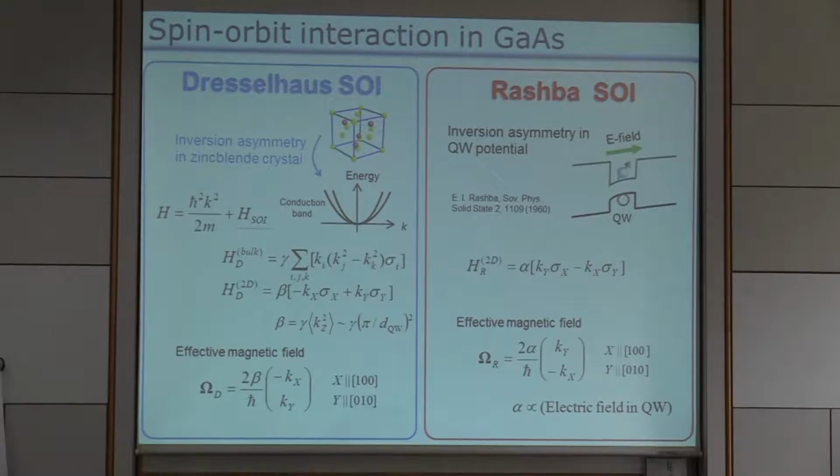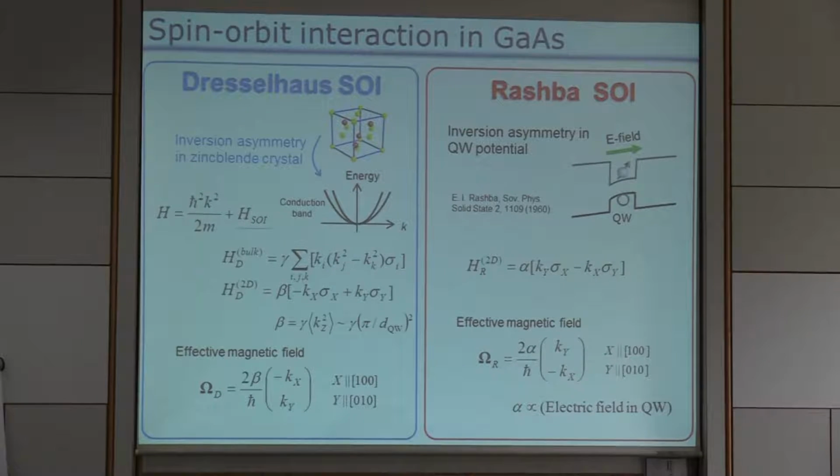Because it contains Pauli matrices, it can be understood as an effective magnetic field. When we use a two-dimensional electron system, we can simplify this formula, so that we only have the k-linear term. So we can write the effective magnetic field that depends on the momentum components like this.